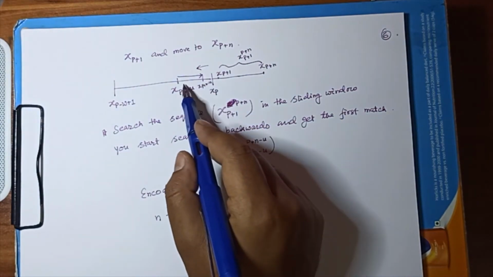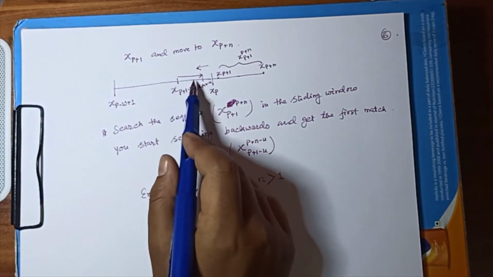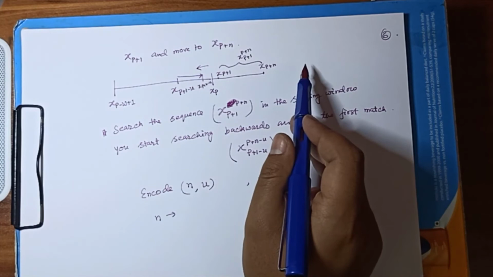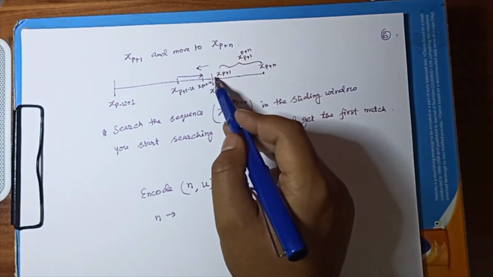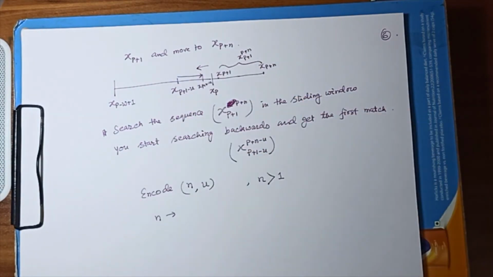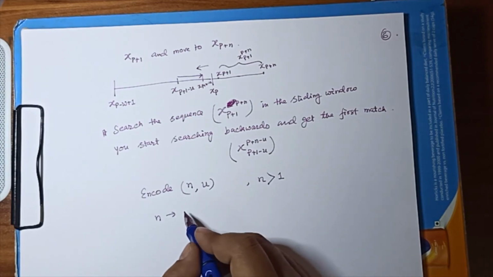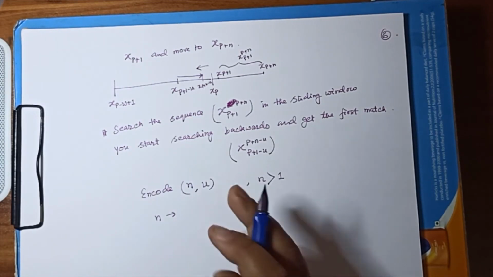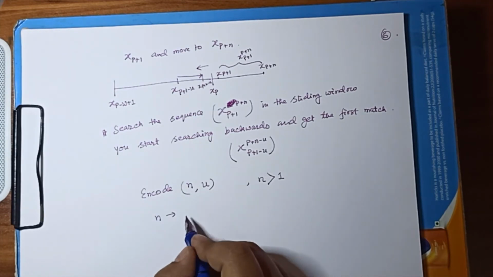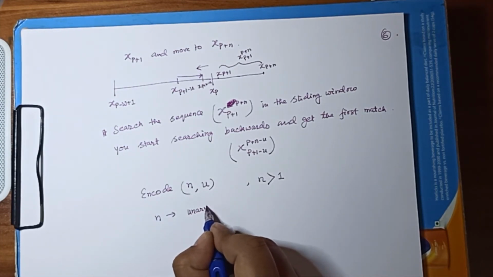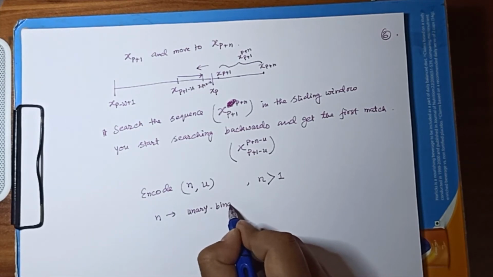So the starting point will be within this window length, but the ending point can go beyond, so there can be overlap between this symbol and that symbol. I'll take one example such that you can see. So n can be of any length, really small or really big, so it will be best to encode using unary binary encoding, as we have just discussed.